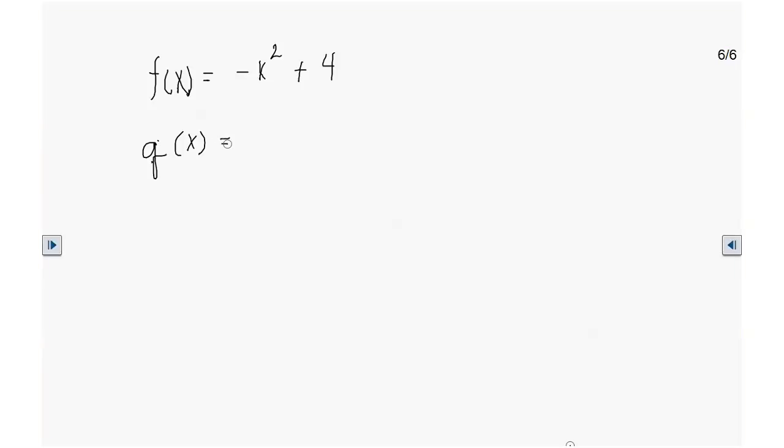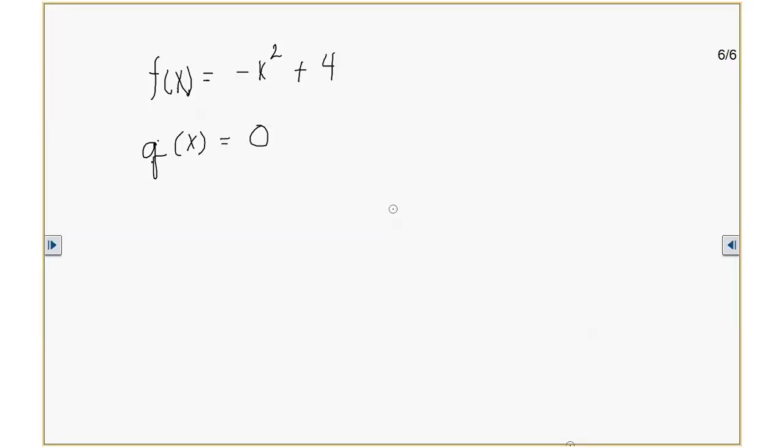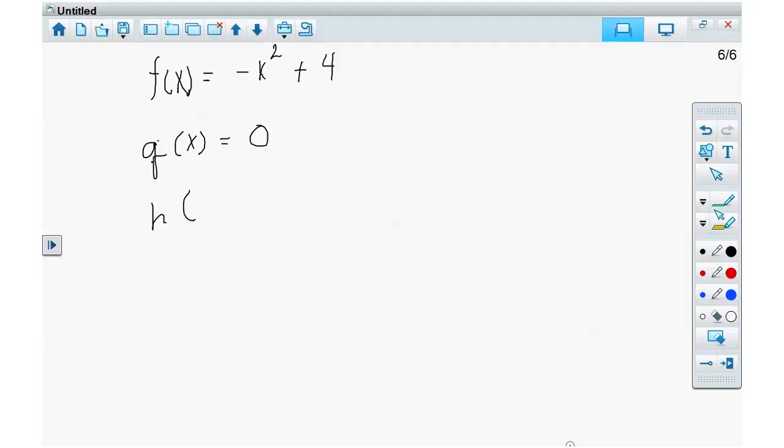is equal to 0. No, I'll do this, that'll mess you up. Hold on.